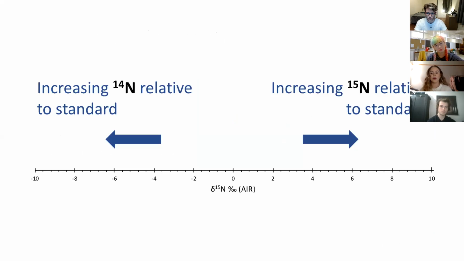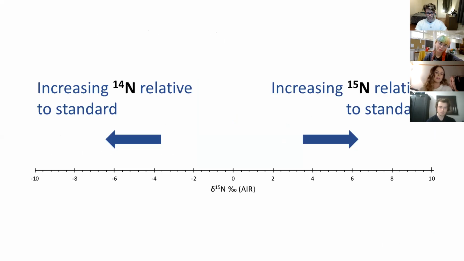So I'm just going to give a quick explanation about the notation of delta 15N, which is how we talk about nitrogen isotopes. So delta 15N is compared to an international standard, which is air. So it's just literally N2 gas, and that is our 0 point on the kind of scale bar there.